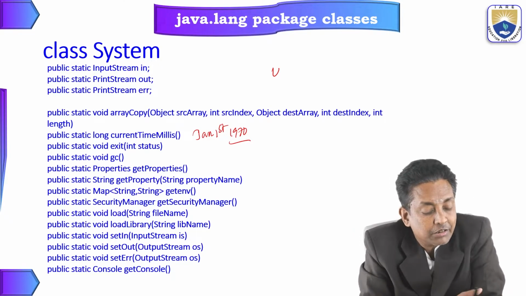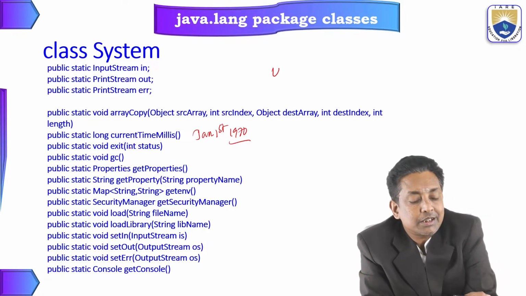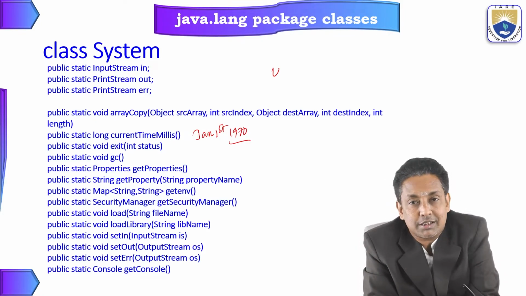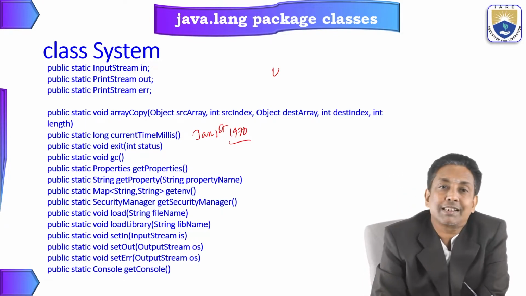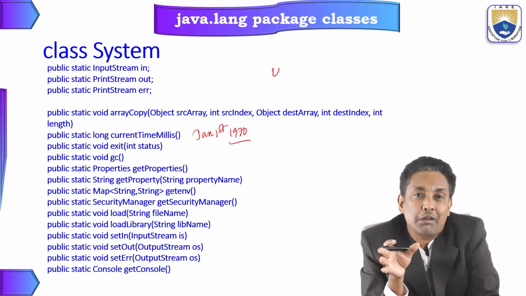The next, there is one more method called System.exit. In System.exit, if you give 0, it's a normal termination. If you give System.exit of -1, the negative value indicates that you want to abnormally terminate your program.